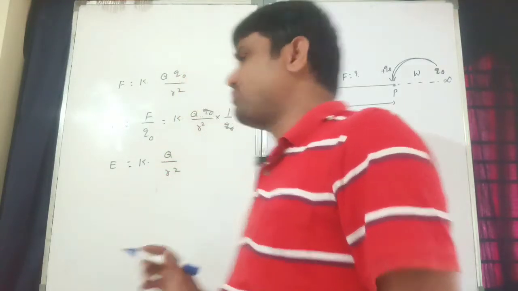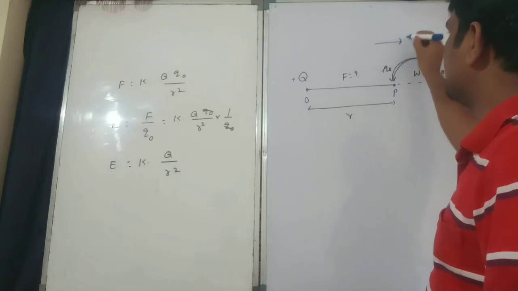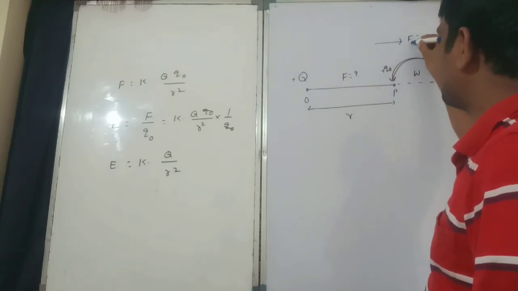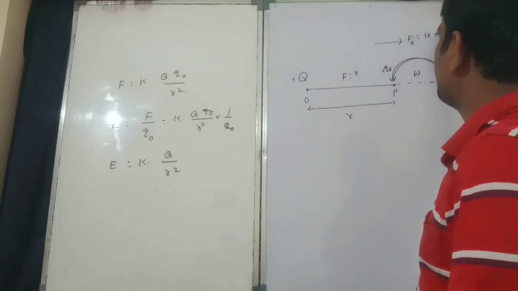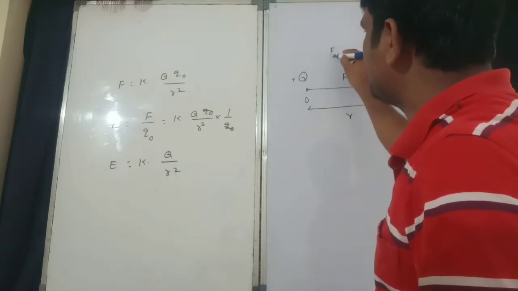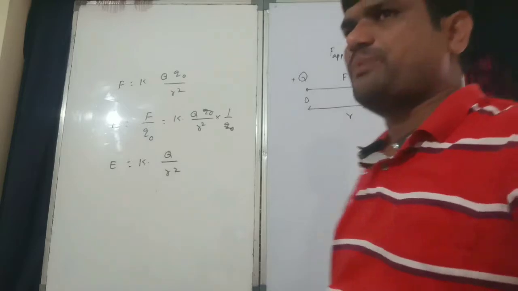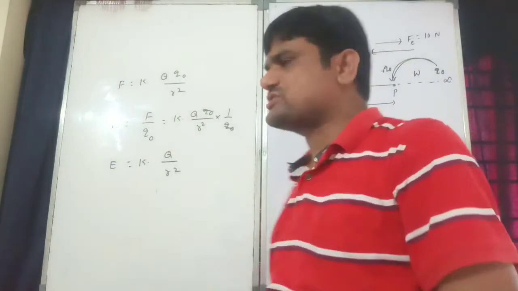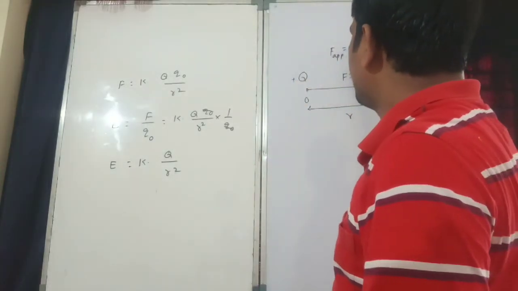For example, in this direction, F applied is equal to F electric. If the electric force is 10 newtons, I want to apply in the opposite direction, so the applied force required is 10 newtons. Correct or not? So if we want to bring this charge from here to here, how much force is required? 10 newtons.